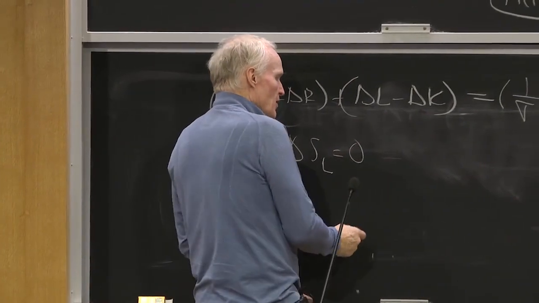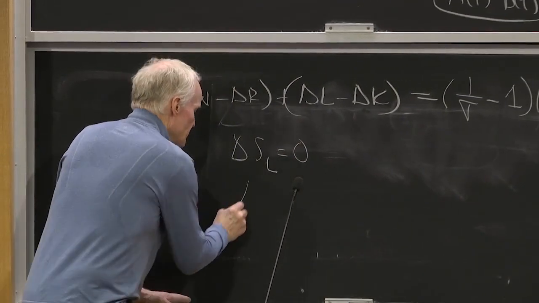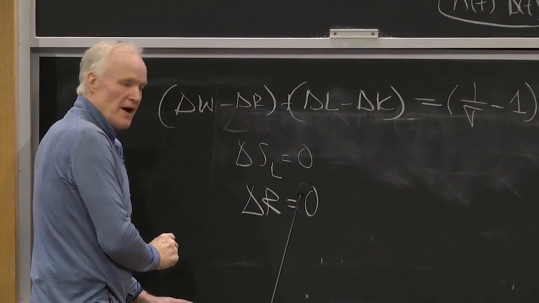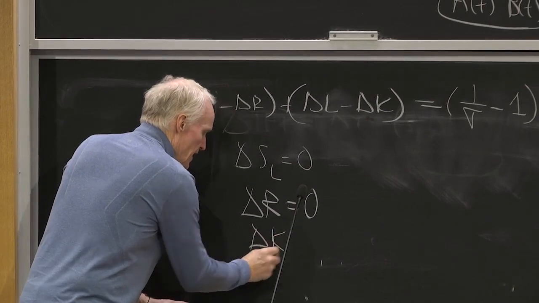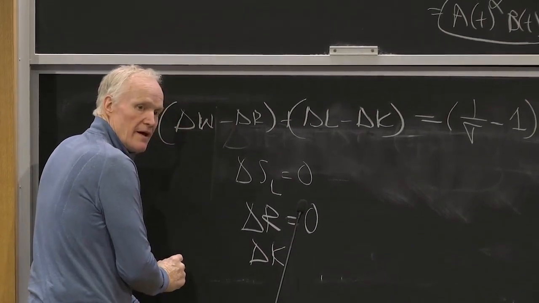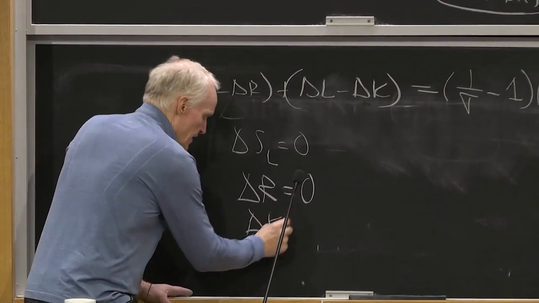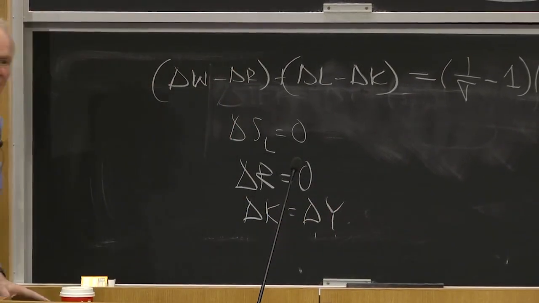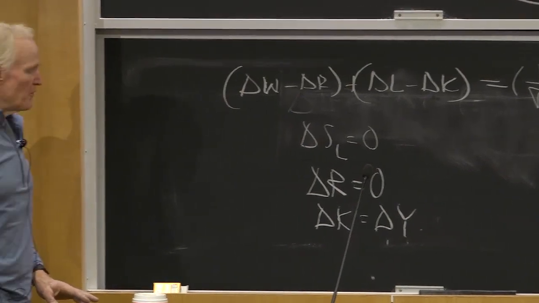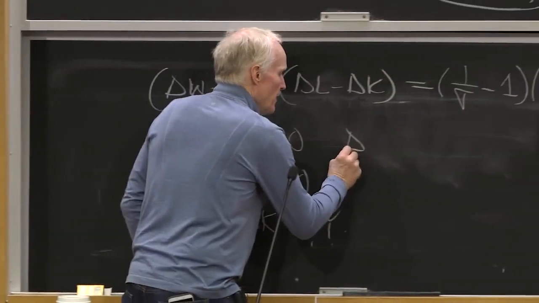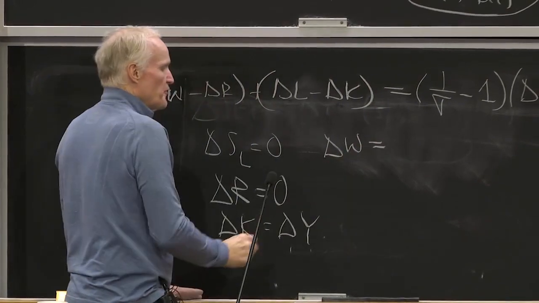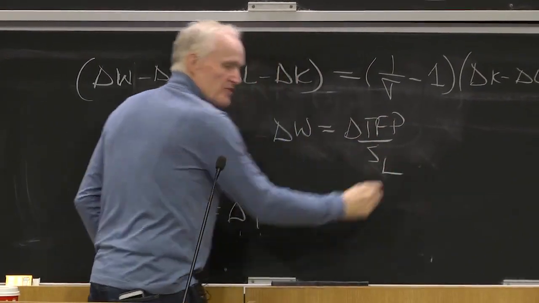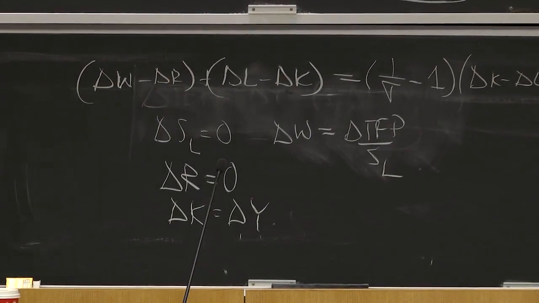So what came out of the neoclassical growth model is delta R equals 0, right? Delta K equals delta Y. So what's the view of the world? Then delta W was equal to delta TFP over SL, right? Those are kind of the facts that we traditionally use.